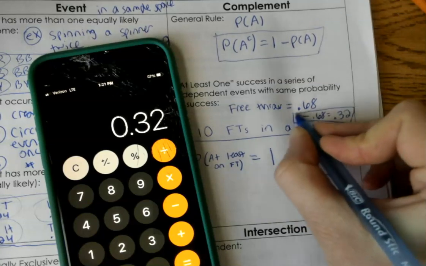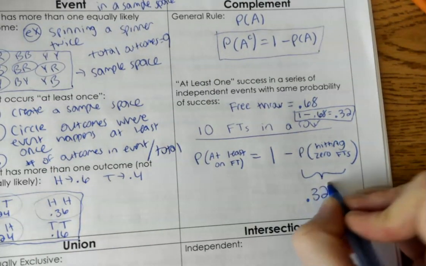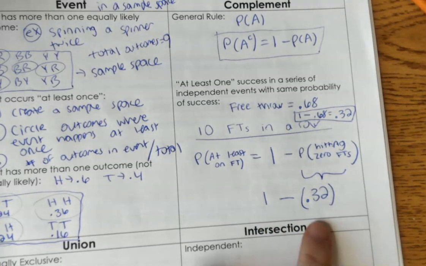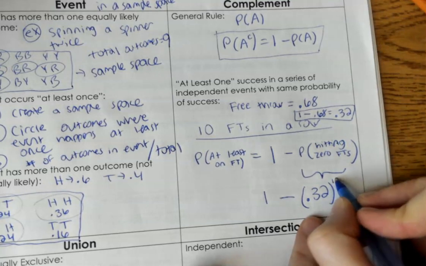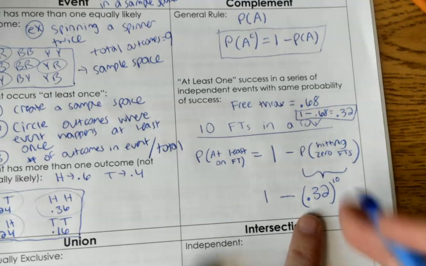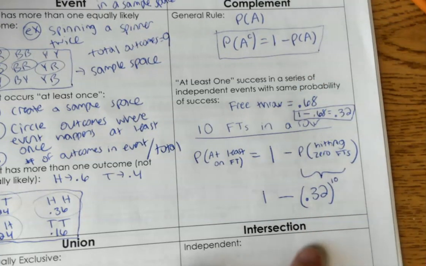That's how a complement rule works. So if I were not going to hit the free throw 10 times in a row, it would be 0.32 to the 10th power. Remember, if I have 10 times in a row, I'm going to multiply it 10 times, which is the same thing as saying an exponent of 10.